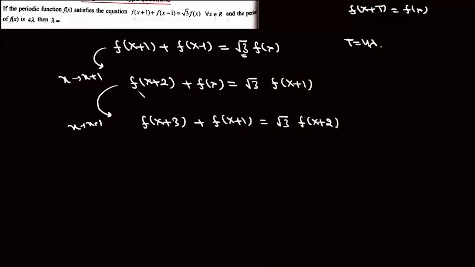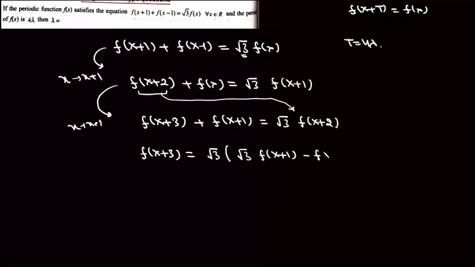Now here we'll put the value of f(x+2) in this equation. So f(x+3) will be equal to root 3 times (root 3 f(x+1) minus f(x)) minus f(x+1). So it will be f(x+3) equals 3f(x+1) minus f(x+1), which is 2f(x+1) minus root 3 f(x).